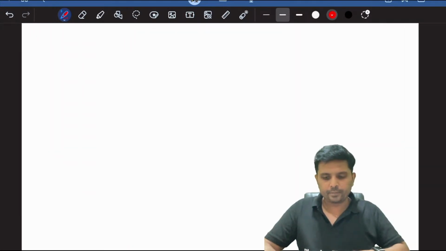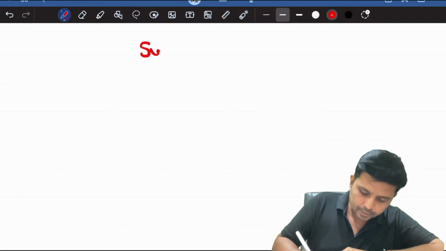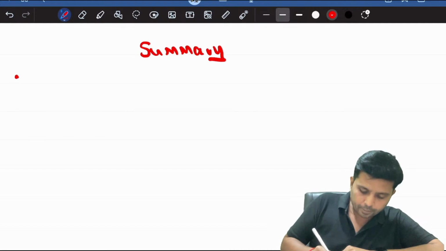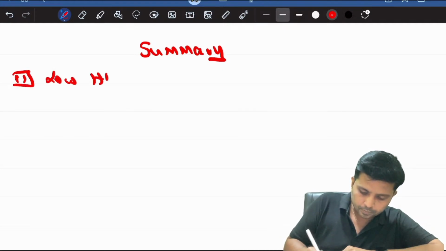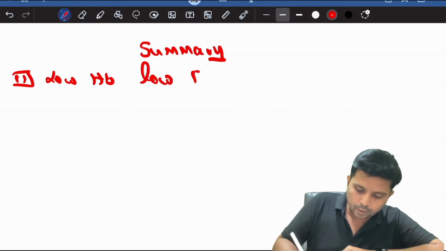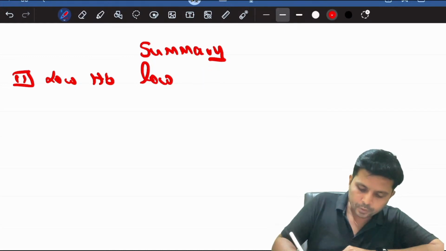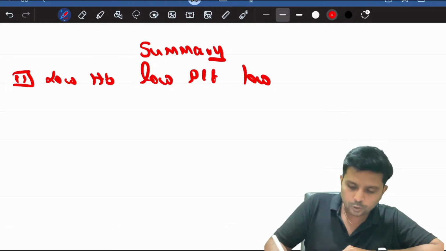Now summary. Let me write the summary. Point number 1: low hemoglobin along with low platelet and low total count.